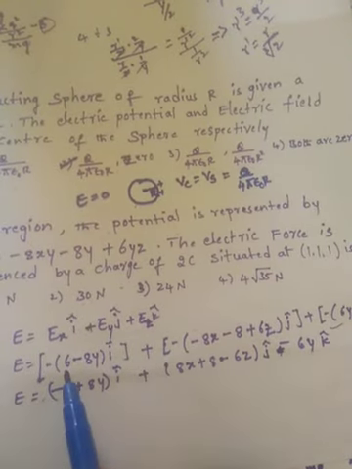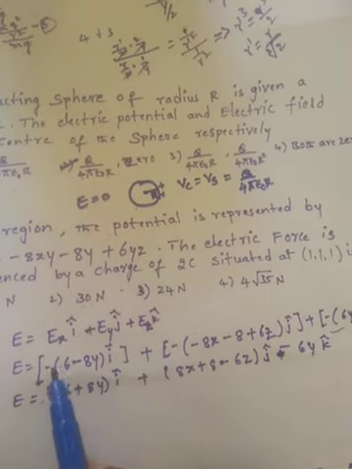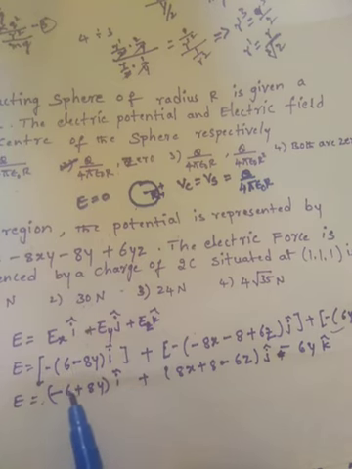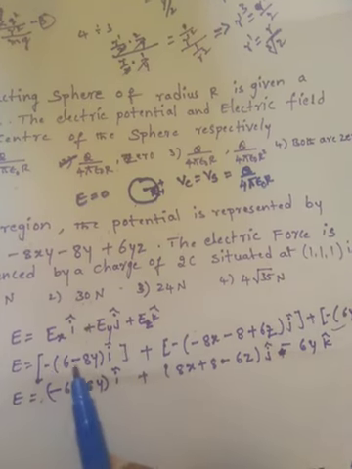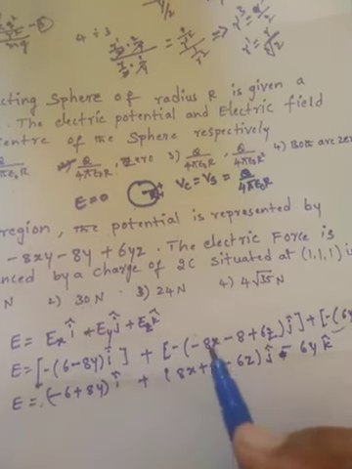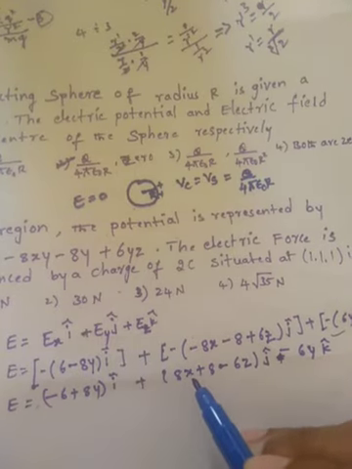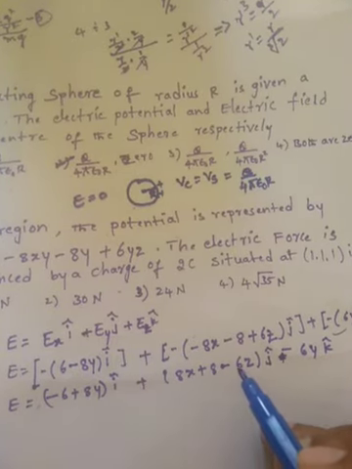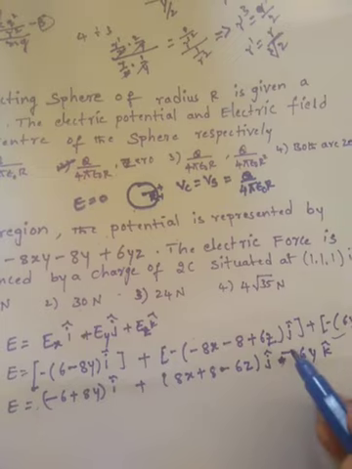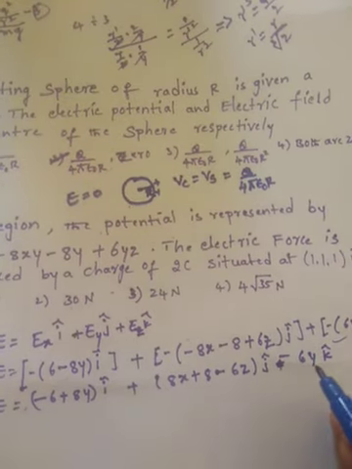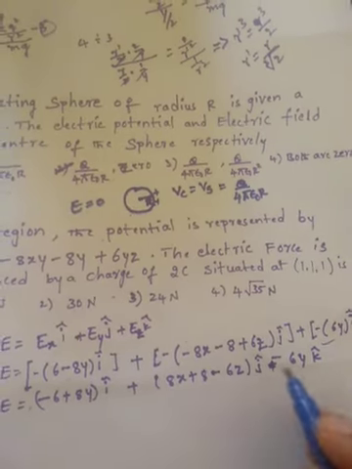And when you multiply by the minus sign, minus into plus becomes minus, so minus into minus gives plus 8y i cap. Similarly here also 8x plus 8 minus 6z j cap, and plus into minus gives minus 6y k cap.